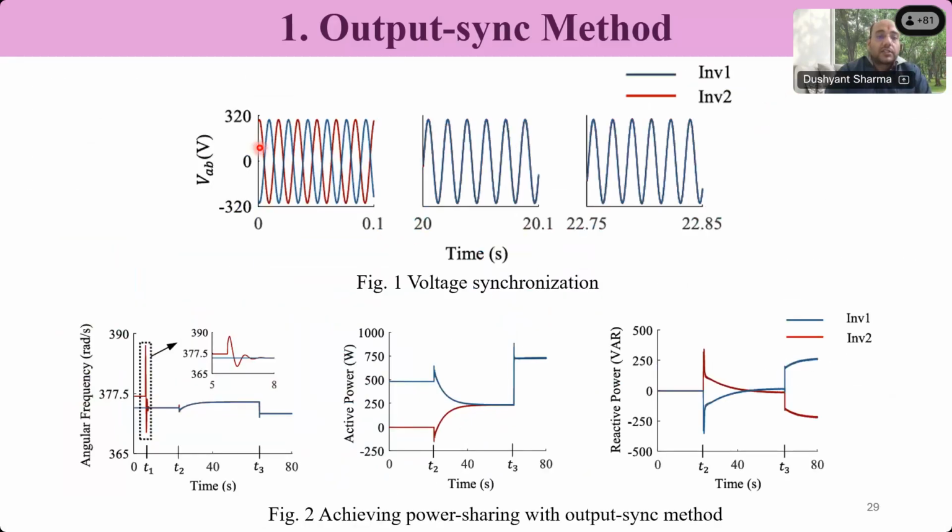Let me illustrate this with the help of these figures. For example, initially they are not synchronized. First source, second source can start at any random frequency, any random voltage, so there can be instantaneous voltage difference. Like that, there can be a frequency difference. If you see, initially one is at one frequency, the other is at another frequency. Now what we do, we synchronize them.